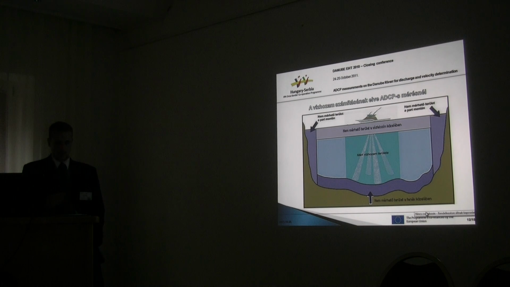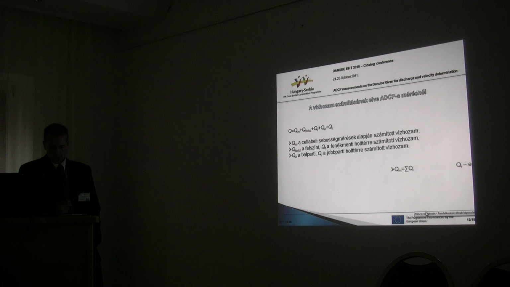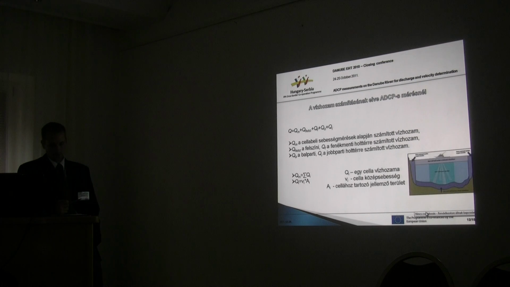Finally, let's look at the theory of discharge determination with ADCP. As it can be well seen in the figure, the equipment is not able to measure discharge in each and every location. When close to the bottom or the surface, as well as near the shores, the ADCP will not measure but interpolate discharge.